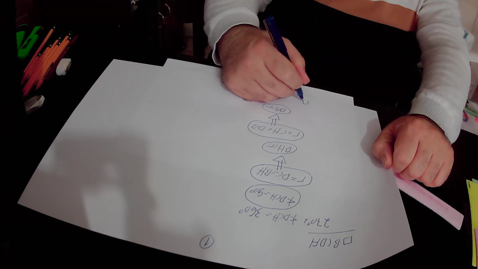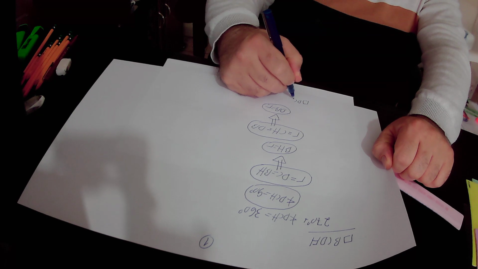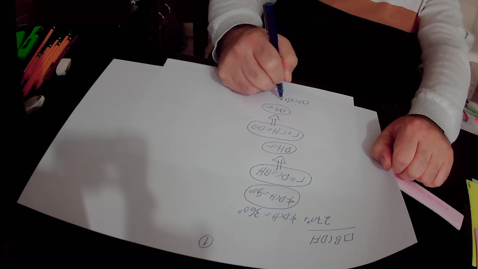I'll write it down that quadrilateral DCBH is a square.